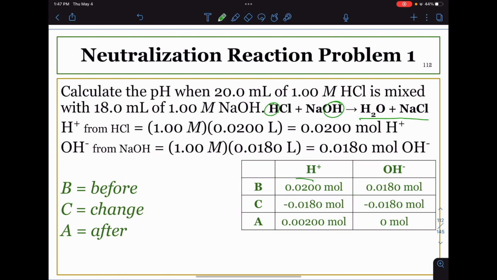In the acid beaker, you've got 0.02 moles, and in the hydroxide or base beaker, we've got 0.018 moles. We can see that the hydroxide is the limiting reactant. When we use up that much and react 0.018, we end up with 0 hydroxide. And then when you subtract that from the amount of the hydrogen ions, we are left with 0.00200 moles of hydrogen ions left over.